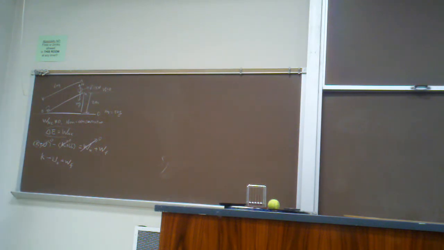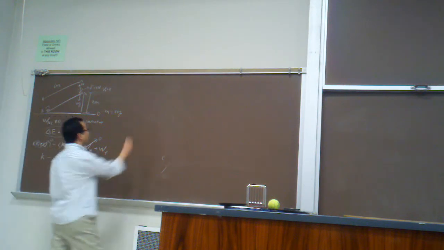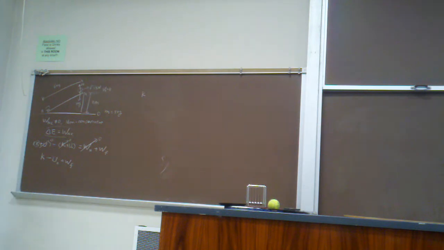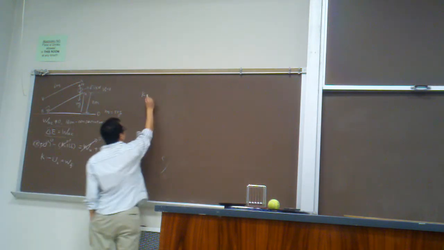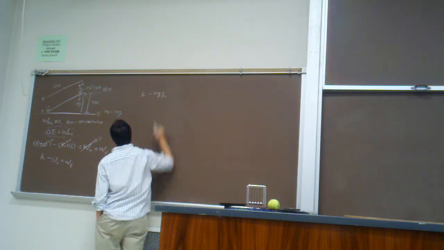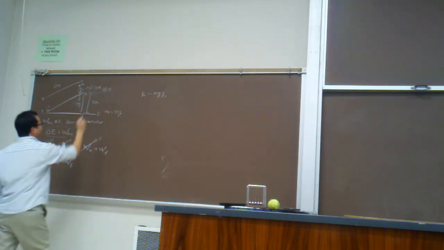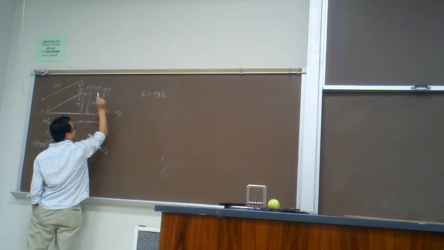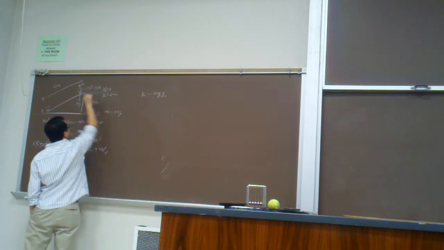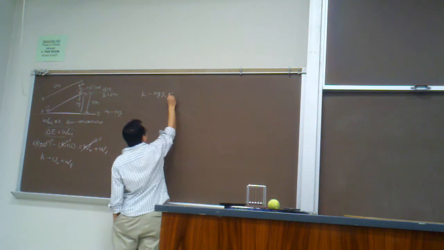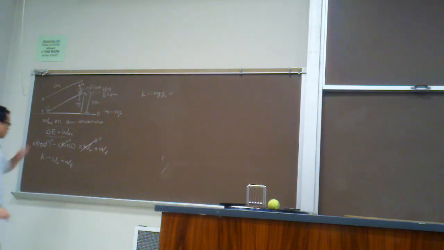Now we just put in the definitions of these terms. K is the quantity we want to calculate, so we just leave it there. U initial can be written as m g y initial, and y initial is 2 meters, the initial height given. Now let's write down the work from the definition.